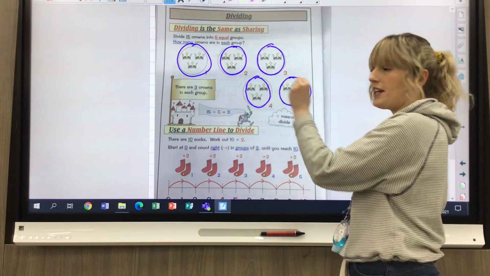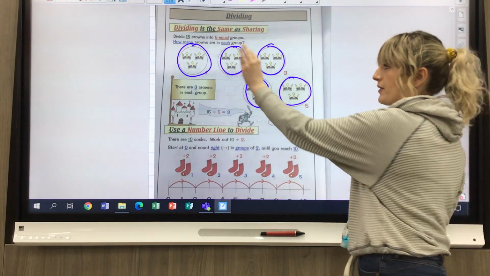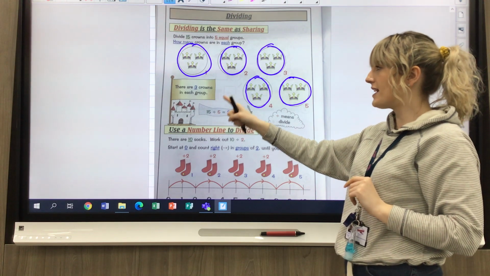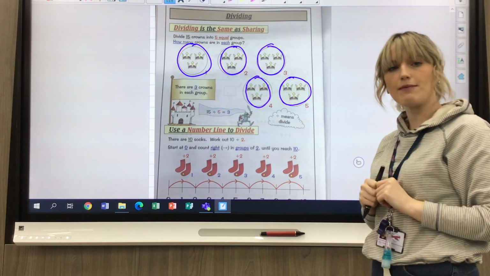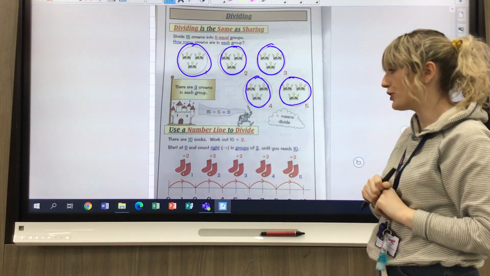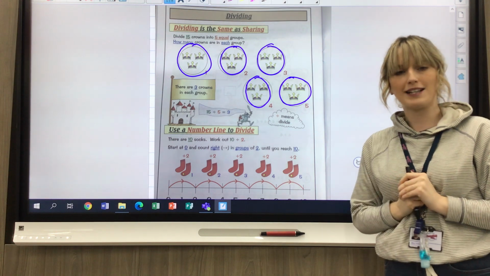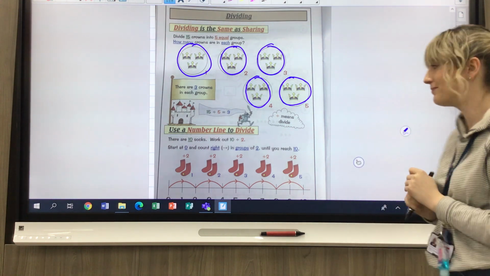The 15 crowns have been shared equally. So we know that 15 divided by 5 is 3, because there's 3 crowns in each group. And it also shows you how to use a number line to divide. So have a little look at that page, it will help you with today's learning.